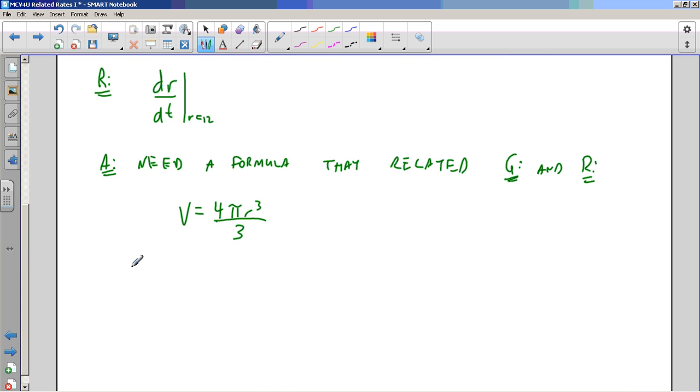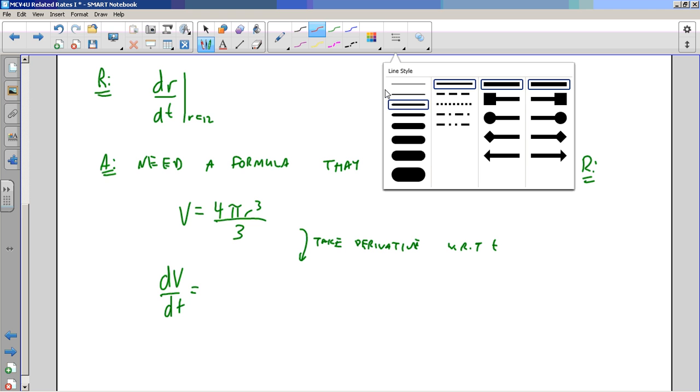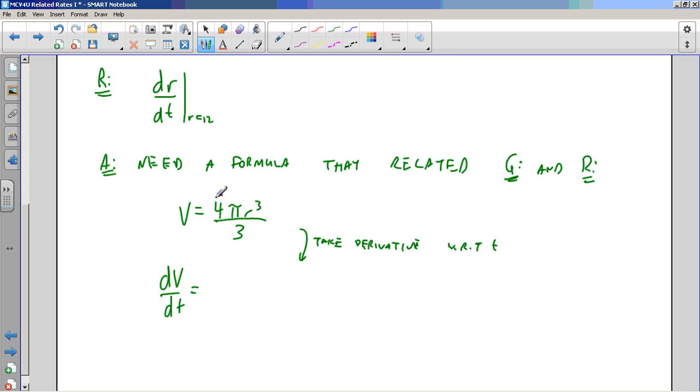Well, I might be thinking about taking the derivative. Right? Let's see what happens if I take the derivative. Because when I take the derivative with respect to time, on the right-hand side, I'll probably end up with dr by dt. So watch what happens. On the left-hand side, dV by dt. On the right-hand side, notice that this piece right in here, this is all number part. So I could think of that as the number part out front.